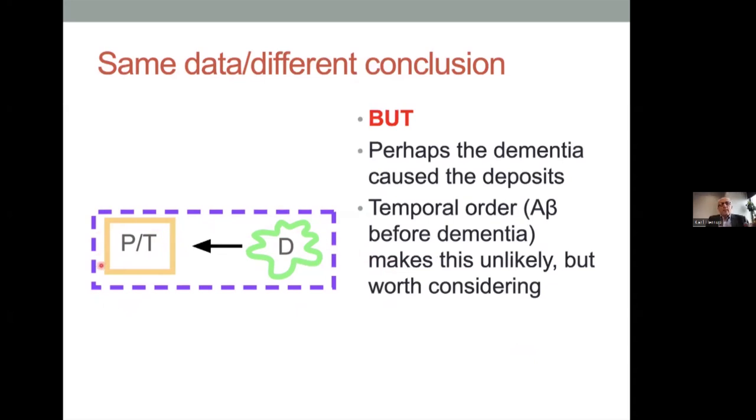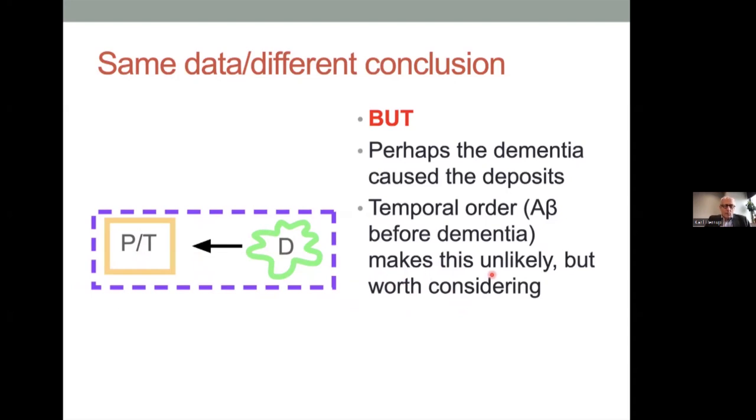Now, here's where the temporal order, A beta coming before dementia, makes this alternative less likely, but it doesn't disprove it completely. It certainly does make it unlikely. But I would maintain that, in fact, this is biology, and this kind of a simple arrangement is not really consistent with what we know the complicated physiology of our brains is.